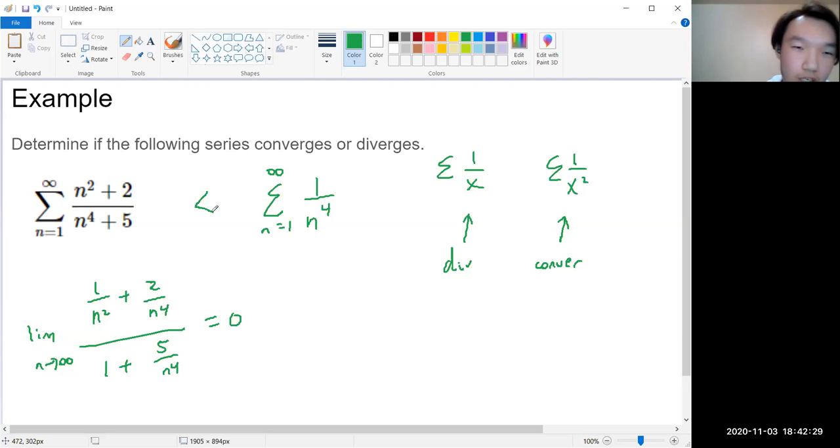Why would it be less than? Because the denominator is smaller. The denominator is smaller. Actually, no, it's larger. Whoops. The denominator was n to the 4th plus 5, so it's larger.